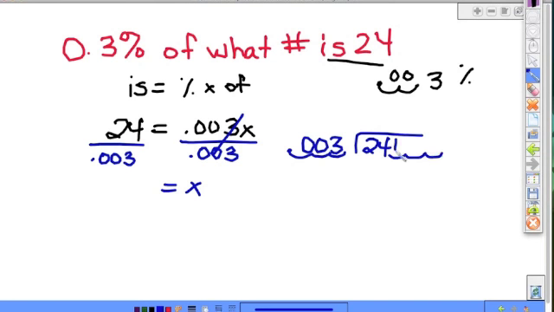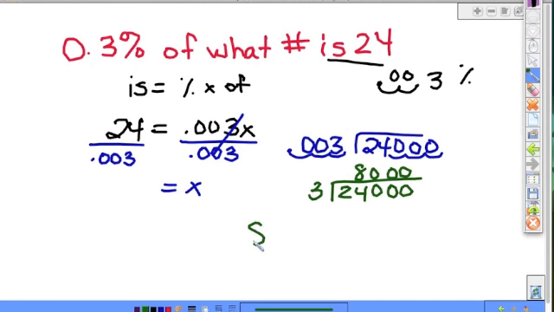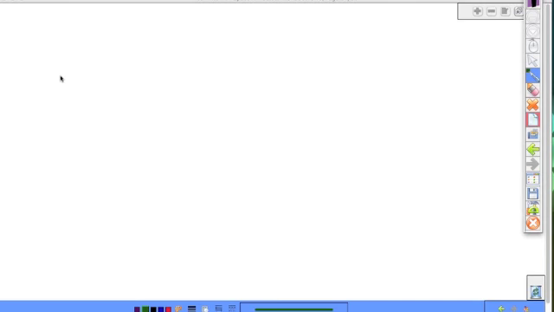So I'm going to add in 3 zeros. Let's rewrite this so it doesn't look so sloppy. I have 3 going into 24,000. 3 goes into 24 8 times, and then just bring up the zeros. So my final answer is 8,000. And that's my answer.